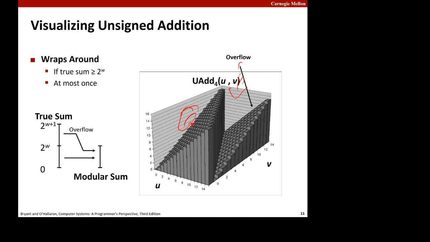This is 4-bit addition here, so I've chopped off the value of 16, and now what's left is the original sum minus 16, and so that will climb up, in this case, as high as 14. So as the picture on the left shows, when you do the overflow, you're shifting the sum back down into the range of the original set of numbers.